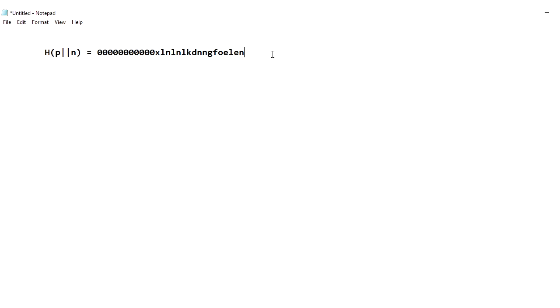I may add another hash puzzle, like the hash of the previous block.